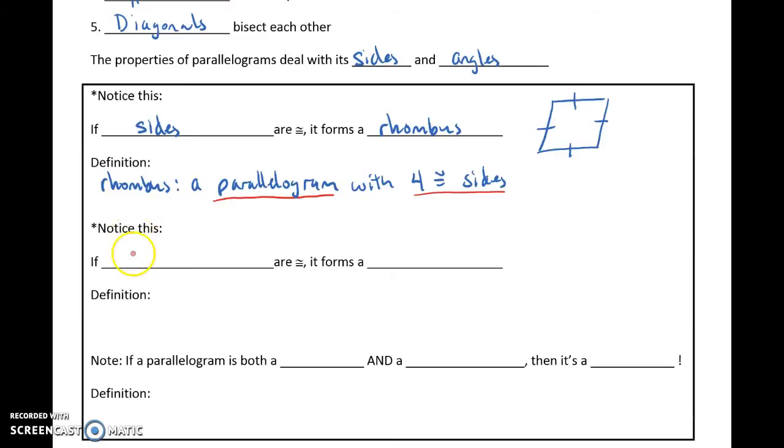Then notice what happens if we do something to the angles. So if the angles are congruent, then it forms what? So if I need 4 congruent angles in any quadrilateral, what kind of measurement would that be? Well, remember, if your angles are congruent, 360 divided by 4 tells me each angle is 90 degrees.